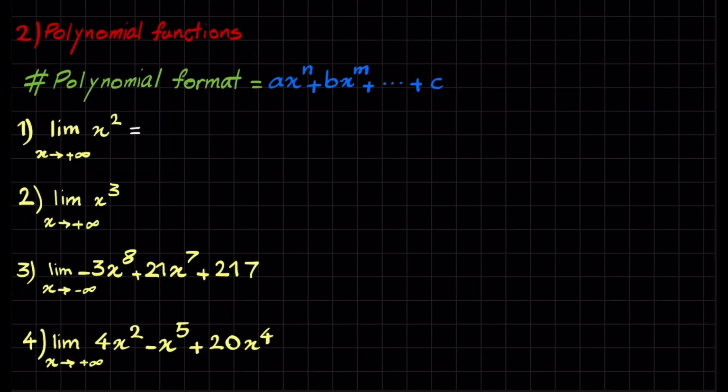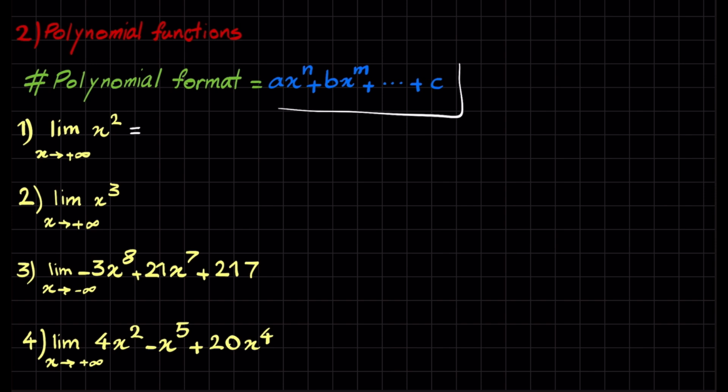Now for the polynomial functions, we're going to first check the format, and we'll see it's going to be something like this. Let's check whether the first and second ones are polynomial functions or not.